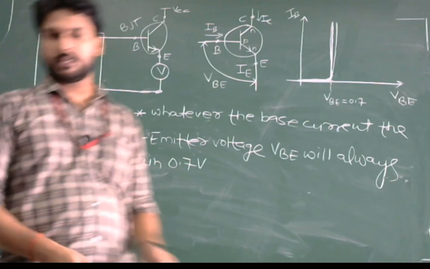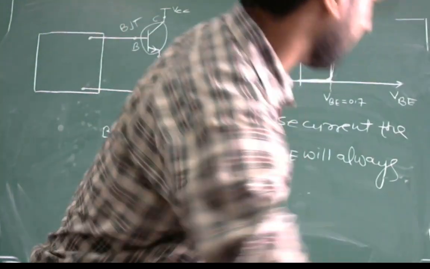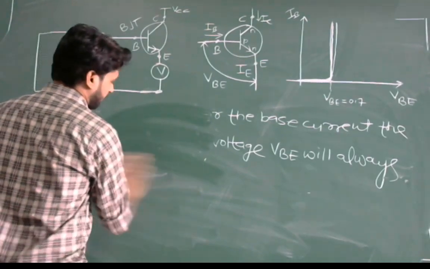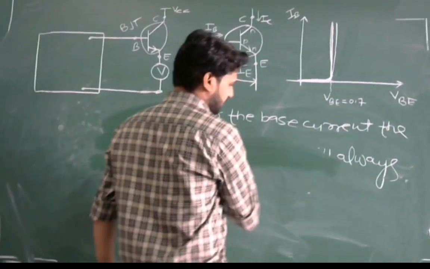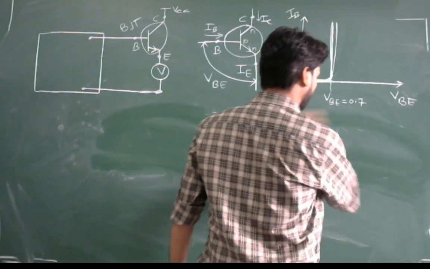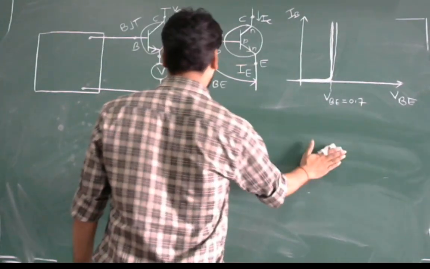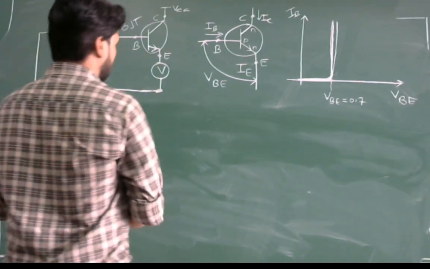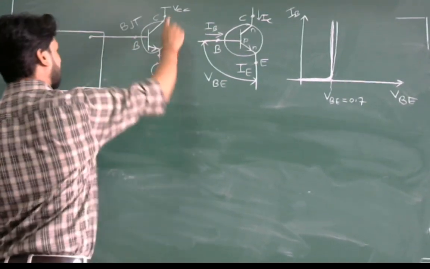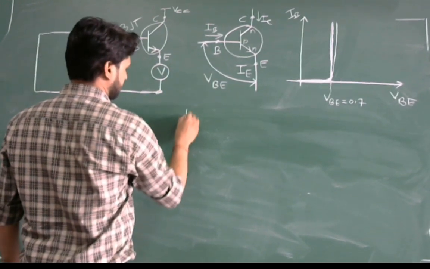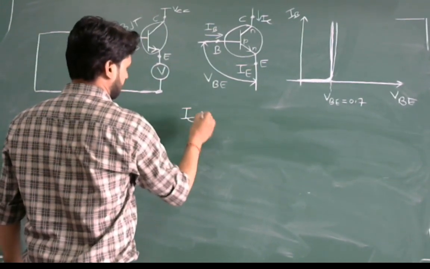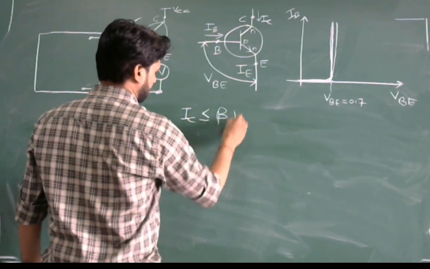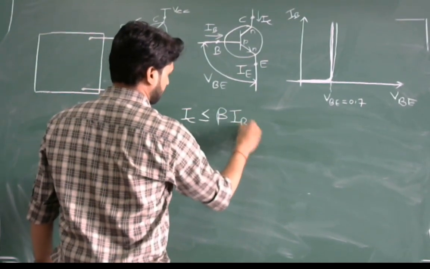The other relation which can be drawn in the common emitter transistor is, the current through the collector, IC, is always less than or equal to beta into IB.